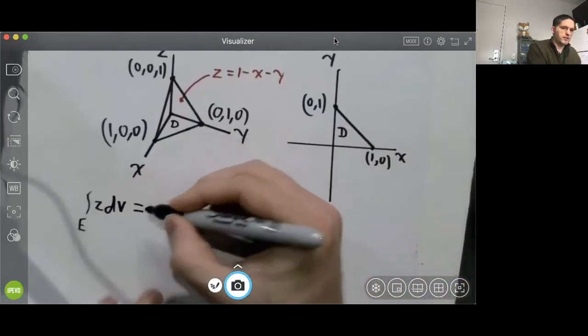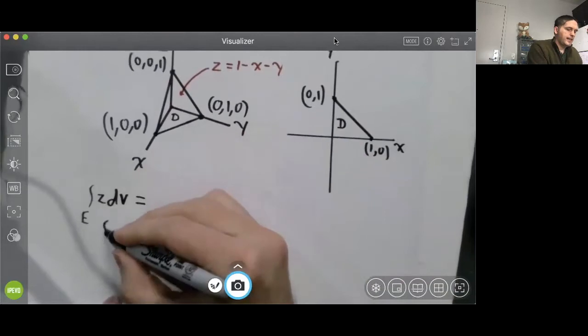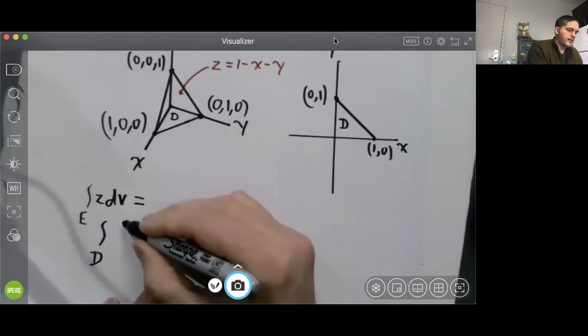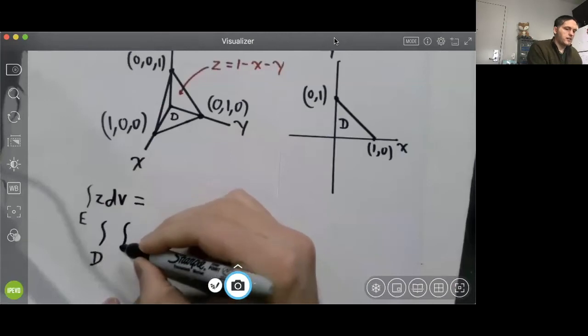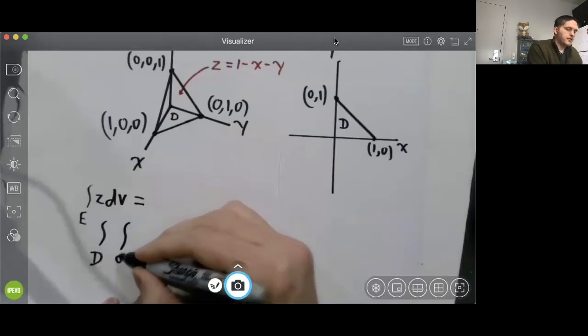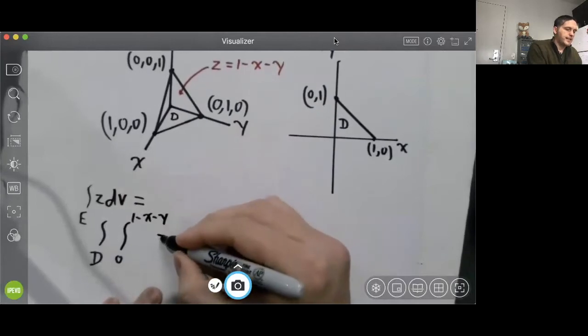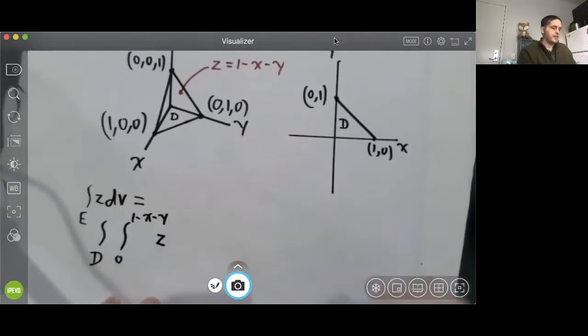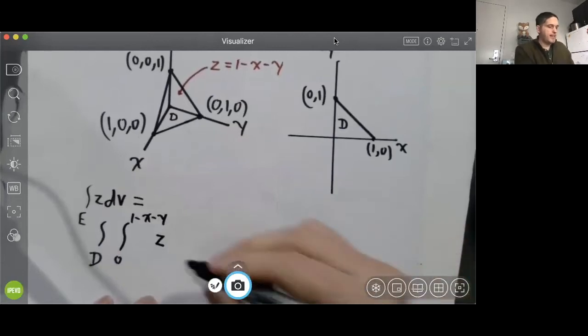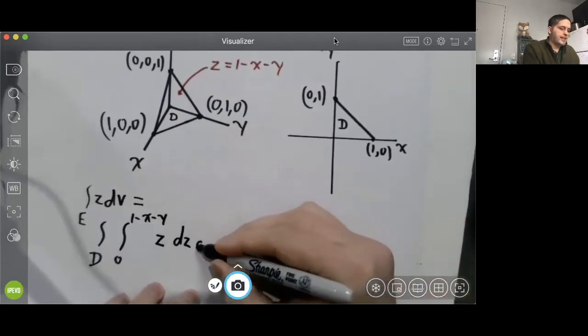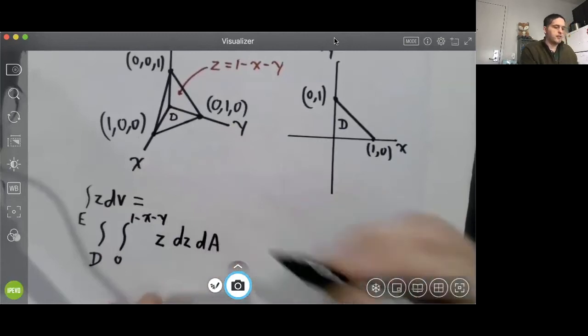is equal to the integral over D of the integral from 0 to 1 minus x minus y of z, and here I'm going to write dz, and then the outer integral.